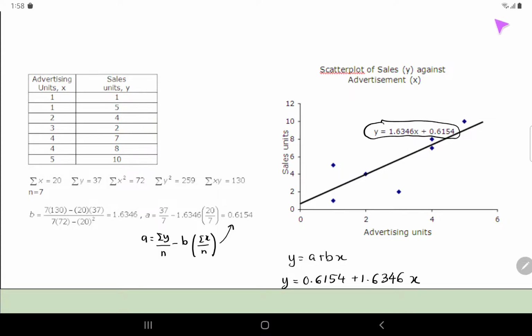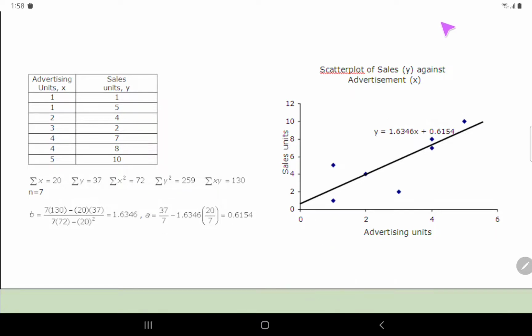So you can see here, this is the linear equation in the form of y equal to mx plus c. This is our m, and this is our c.